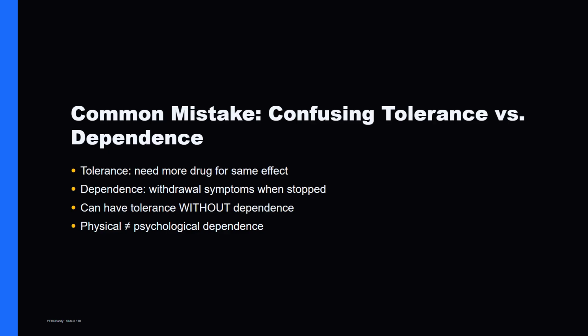A patient can develop tolerance to the analgesic effect of morphine without necessarily being dependent. And physical dependence, where stopping causes physiological withdrawal, is distinct from psychological dependence, which is a behavioral and craving-driven state. EE scenarios around substance use disorders, opioid therapy, and benzodiazepine tapering rely on you keeping these definitions clean and separate.